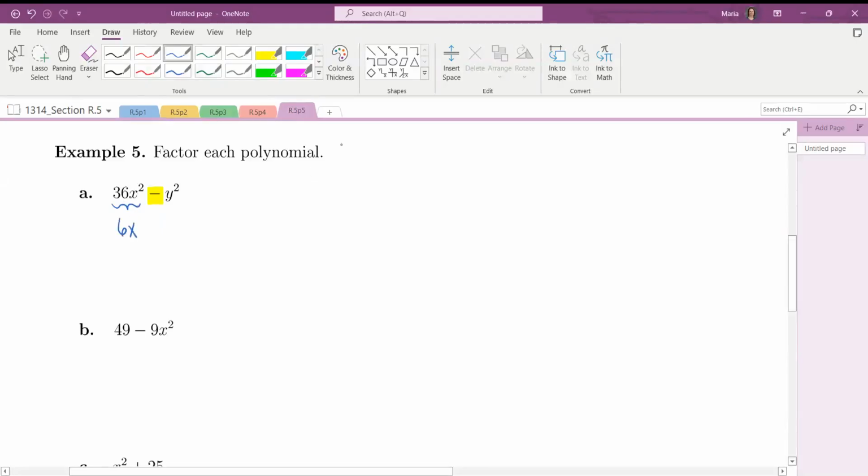So basically, if you take 6x and you square it, meaning you multiply 6x by itself, 6 times 6 is 36, and x times x is x squared. Essentially we took the square root of 36x squared and we got 6x.